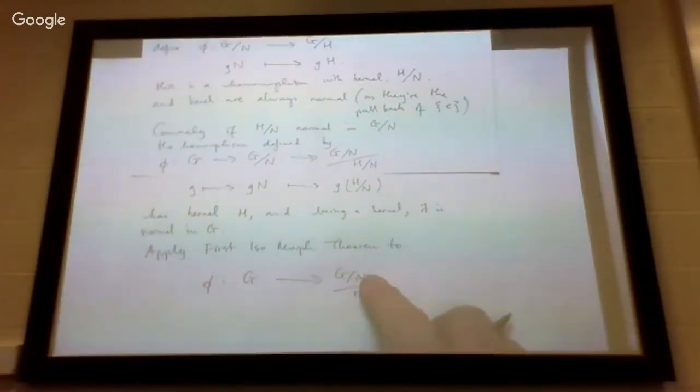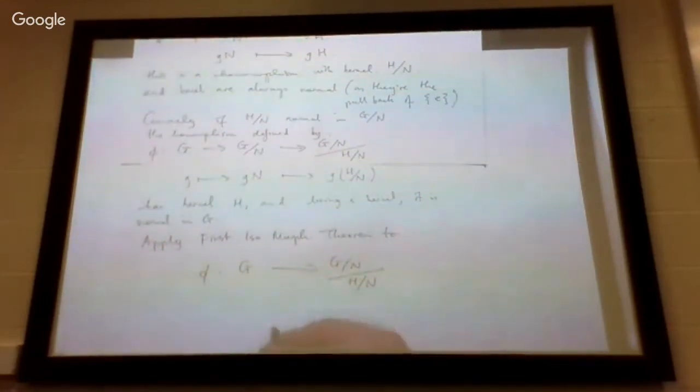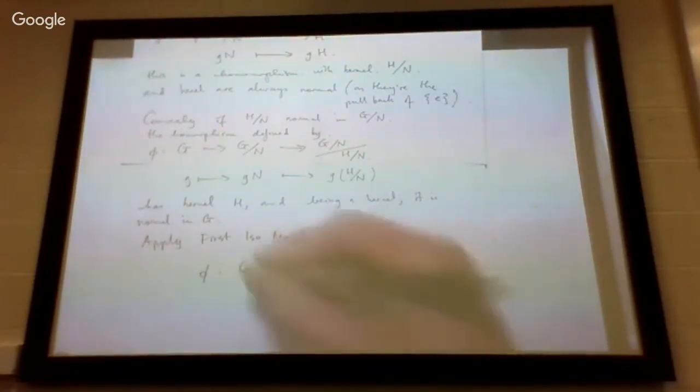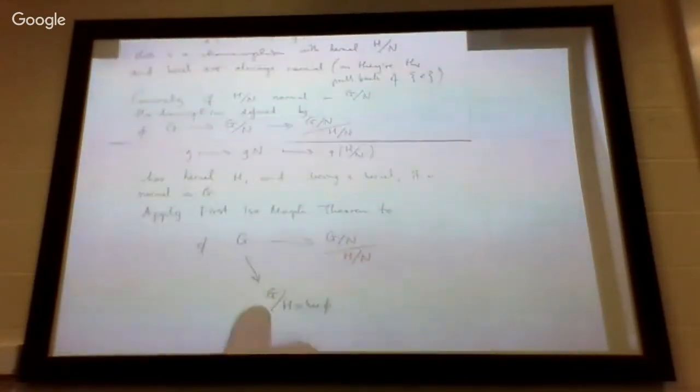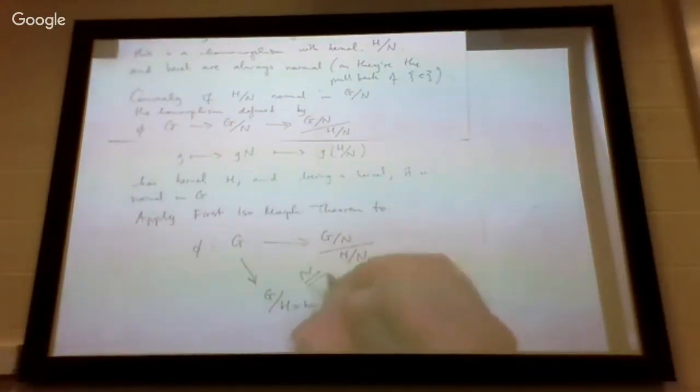Here you're taking a factor group of a factor group by a factor group. We've just decided its kernel is H. That's the conventional homomorphism from a group to its factor group by H, sending each element to the coset. The first isomorphism theorem says that these are isomorphic.